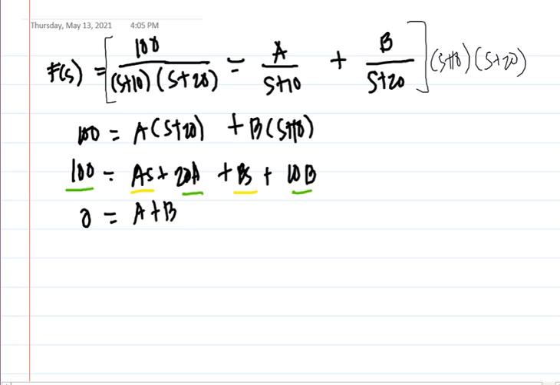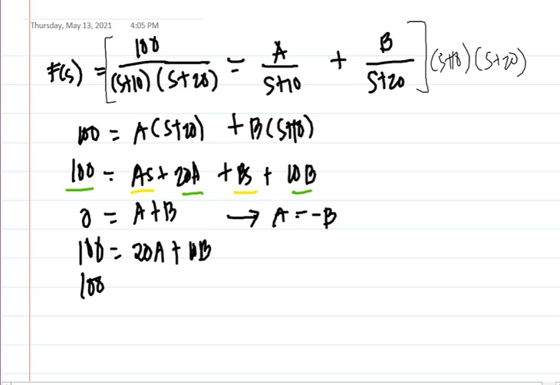So for the constants, this is 100 is equal to 20A plus 10B. This one we can rewrite wherein A is equal to negative B, and then substitute into our equation.